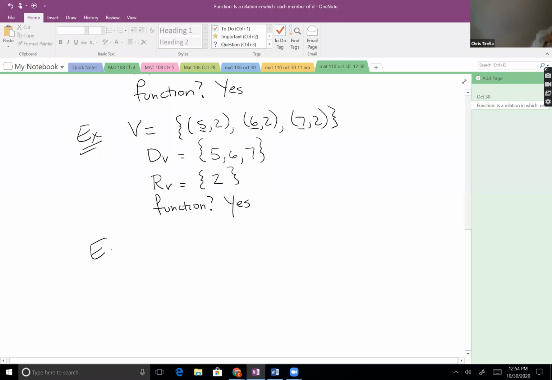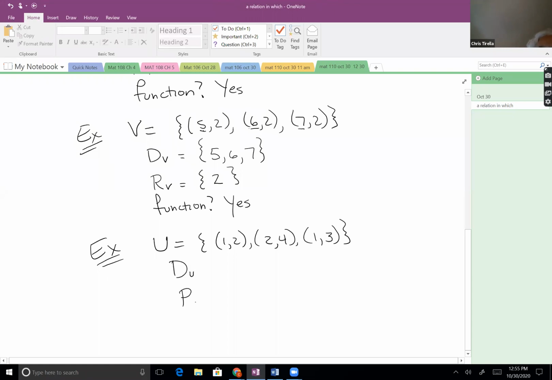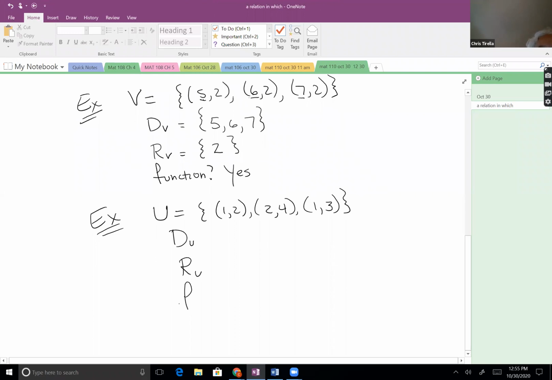And one more example. This time, let's have U be the set 1, 2, 2, 4, and 1, 3. And I want the domain of U, the range of U, and I want to know, is U a function? When I look at U, the first members would be 1, 2, and 1.